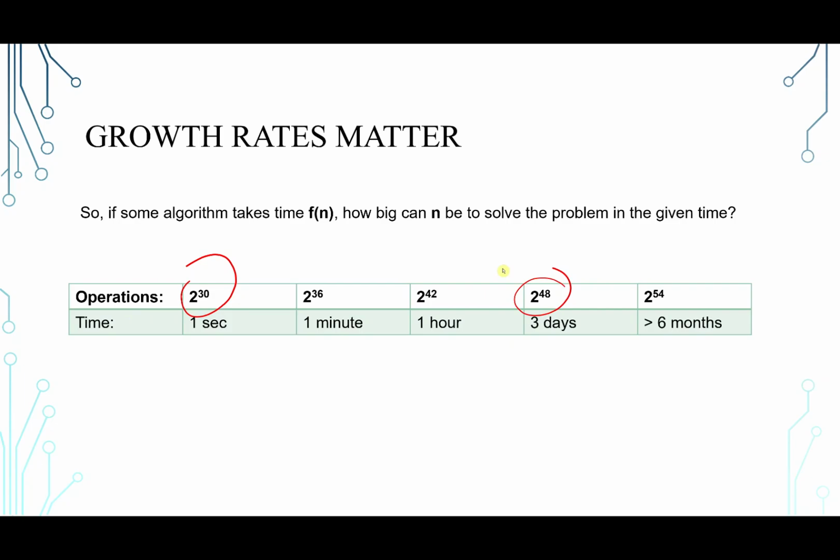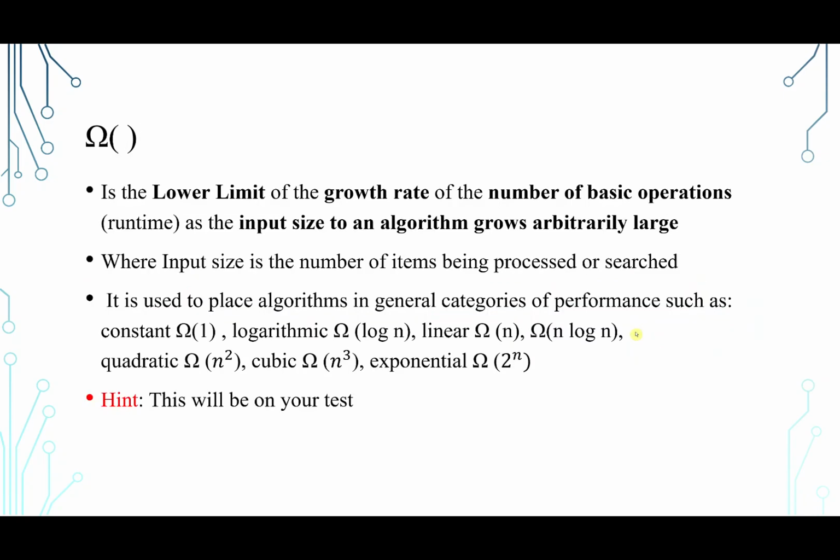This is the number of operations our algorithm is executing. So if we have 2 to the power 54, then you would need more than 6 months for this algorithm to finish. This is why it's important to say if it's logarithmic, constant, linear, and so on.